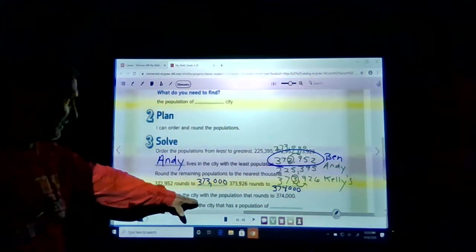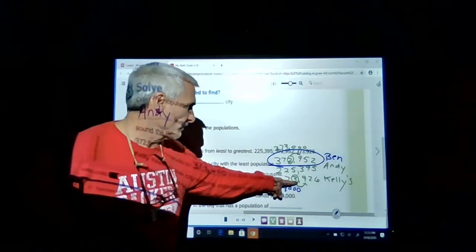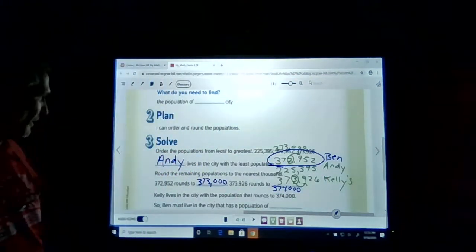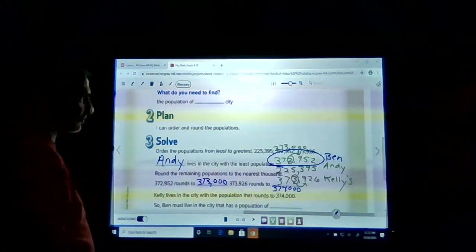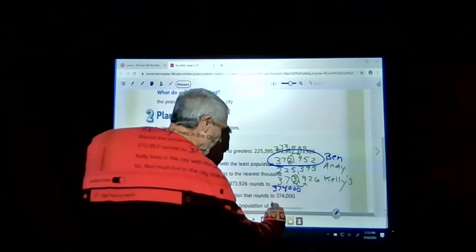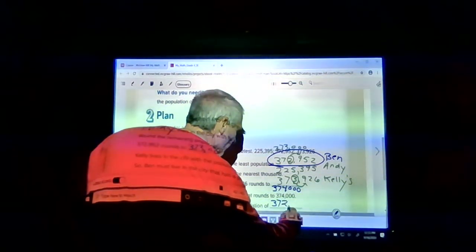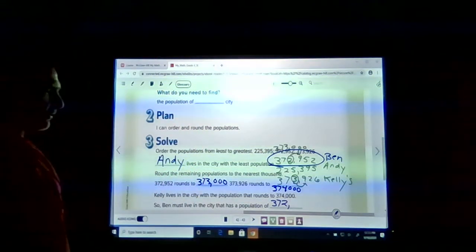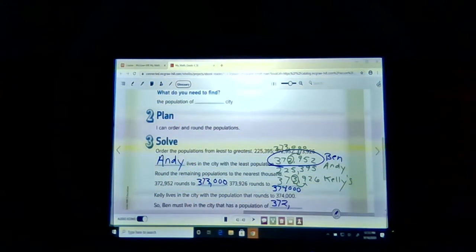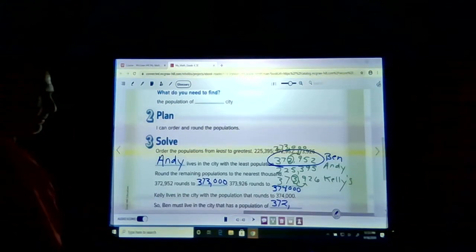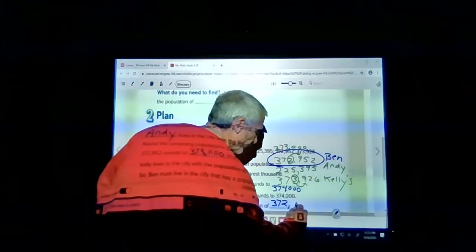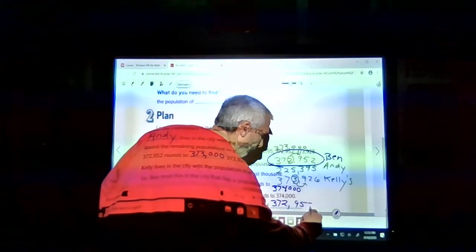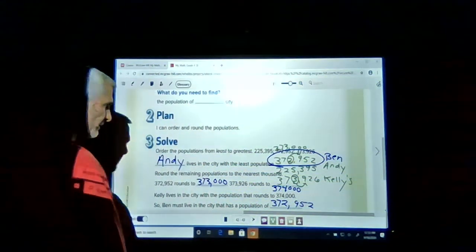Because Kelly's is 374,000. So Ben must have the population of 372,000. These are big towns too. Bigger than Austin and Rochester. As big as Minneapolis and St. Paul almost. 952. And there's Bend City.